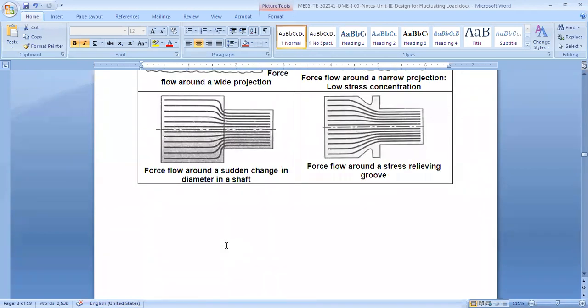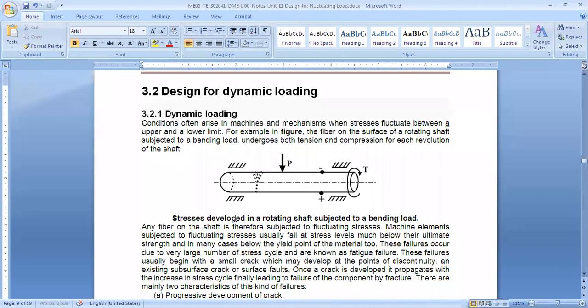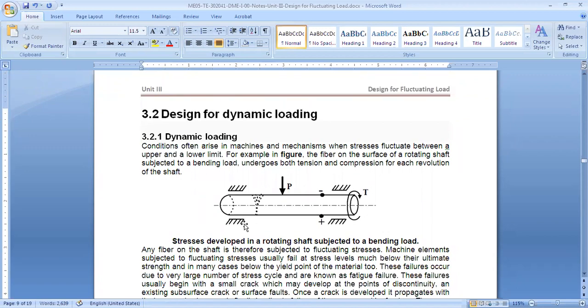So now we'll go ahead with design for dynamic loading. What is dynamic loading? We have seen one aspect of stress concentration, because of the dimensions. Now we'll see what happens if the load on the element is dynamic, not static. How is the load dynamic?